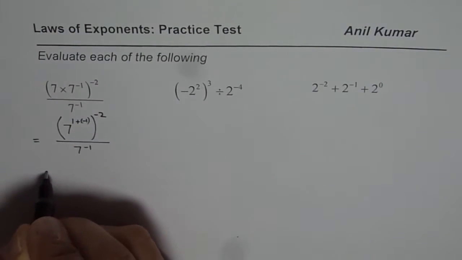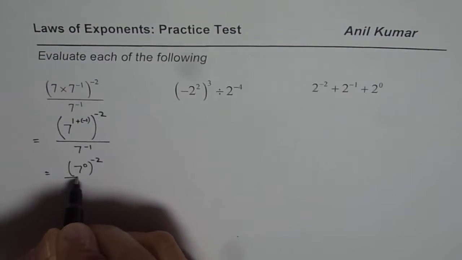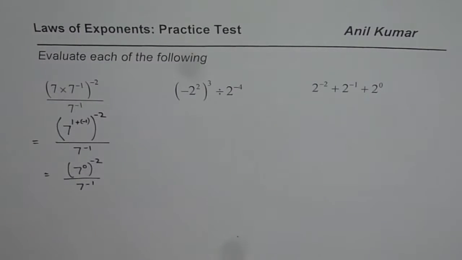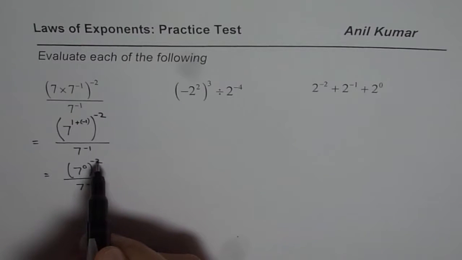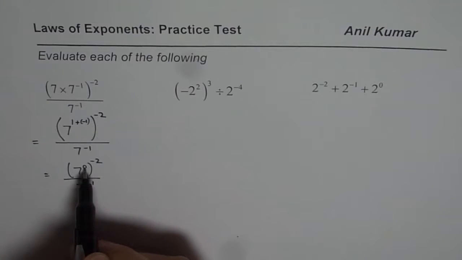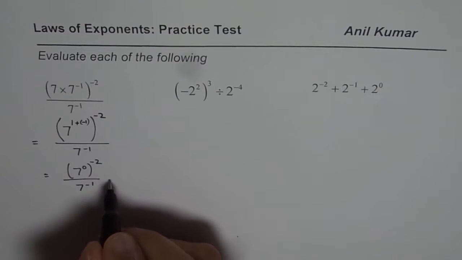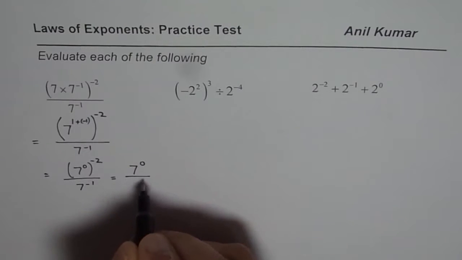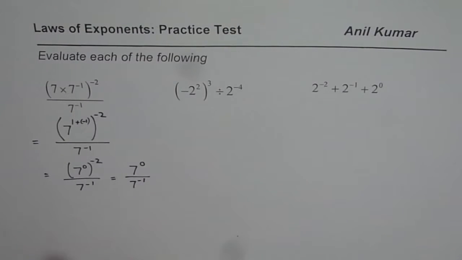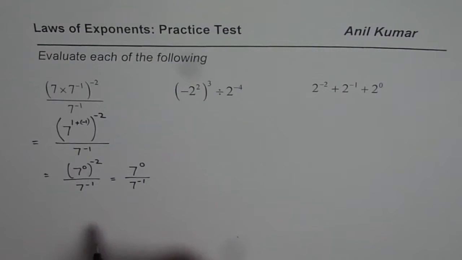So what we get here is 7 to the power of 0, to the power of minus 2, divided by 7 to the power of minus 1. At this stage, we can apply the power rule to open this bracket. So the power rule gives minus 2 times 0, which is 0. So we get 7 to the power of 0 divided by 7 to the power of minus 1. Anything to the power of 0 is just 1.